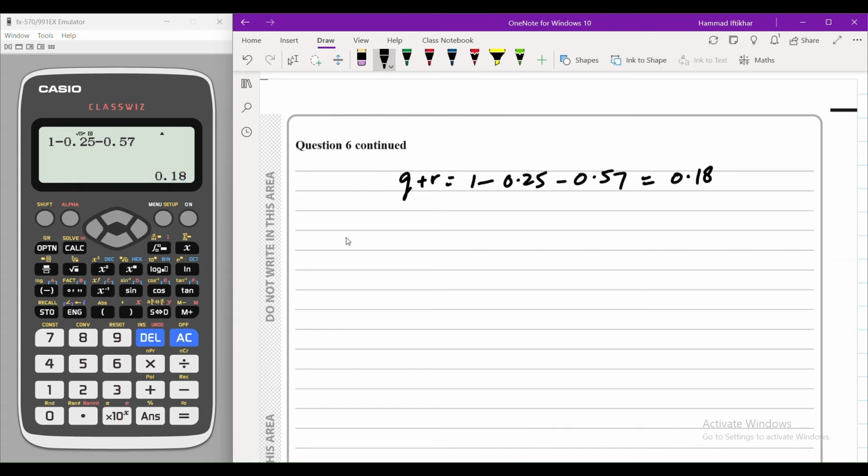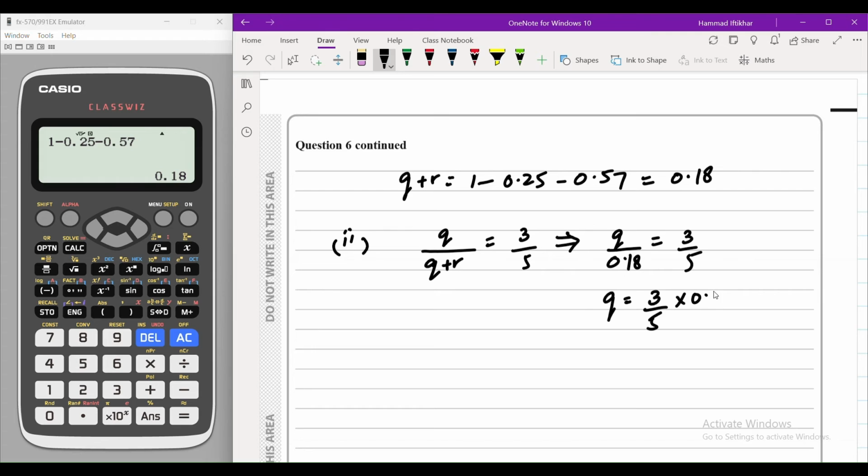Now we have found Q plus R, so we can use this to simplify the second equation, where we had Q over Q plus R equals 3/5. This transforms to Q over 0.18 equals 3 over 5. So Q becomes 3/5 of 0.18, that is 0.108.